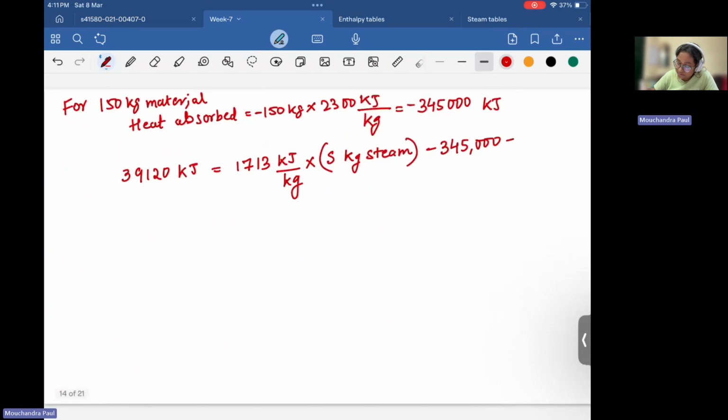So it is minus 5400 kilojoule. So if you solve this entire expression, you should get the value of S. So let's quickly do it.